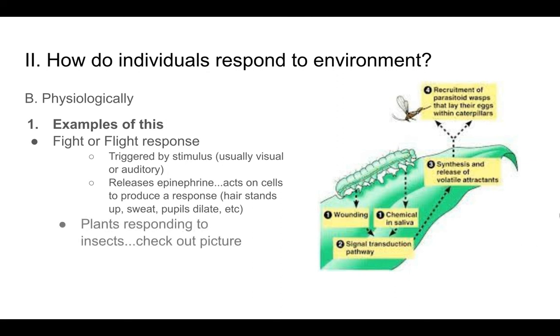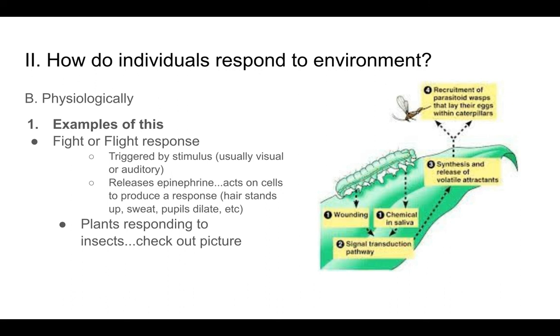The example over here in the picture, which is also in your notes, I think is really, really cool. So this is an example of a plant that is responding to an herbivore destroying it. So you have this caterpillar here that is eating away at the edges of the leaf. And so you see kind of a step through pathway, but there's cell communication involved, and the ultimate response is so cool.